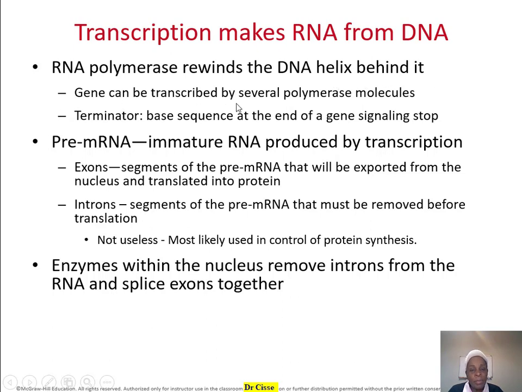Now, gene can be transcribed by several polymerase molecules. Terminators are base sequence at the end of gene signaling stop. At the end of the gene, the machine will read the stop signal.